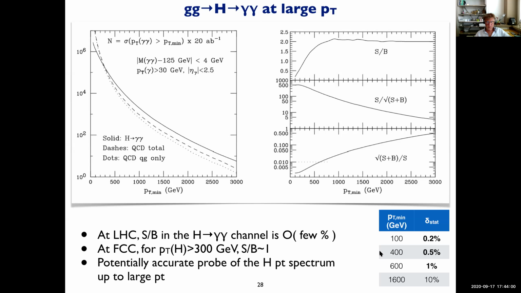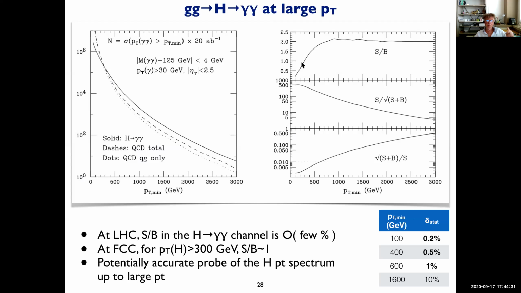So as you see, what is interesting when you look at the right plot, the window on top, the highest window, that is the signal to background. And you see that at small PT, the Higgs signal over the QCD background is only a few percent. But as we go to very high PT, already above about a couple of hundred GeV, signal to background becomes of order 1.